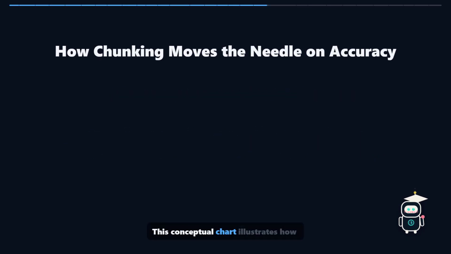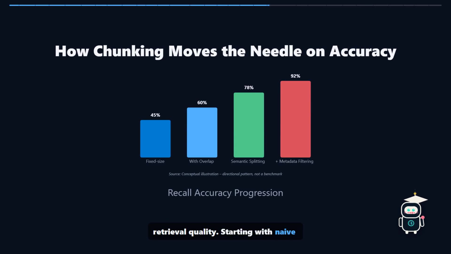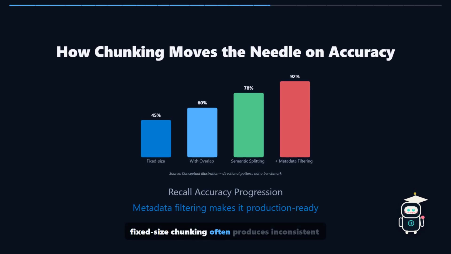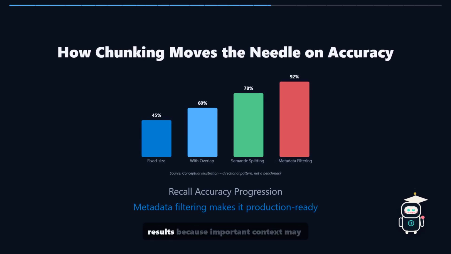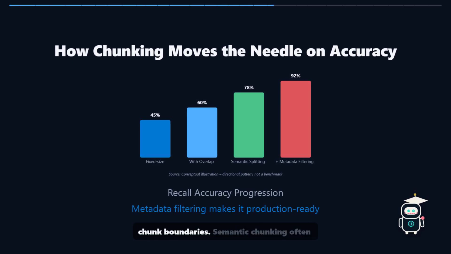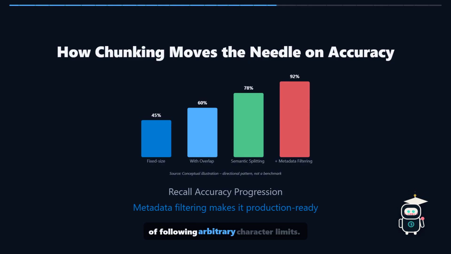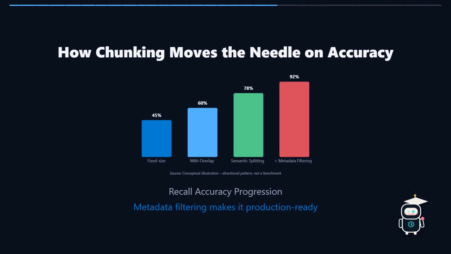This conceptual chart illustrates how different chunking strategies can improve retrieval quality. Starting with naive, fixed-size chunking often produces inconsistent results because important context may be split apart. Adding overlap usually helps preserve relationships across chunk boundaries. Semantic chunking often provides another improvement because it keeps related ideas together instead of following arbitrary character limits.